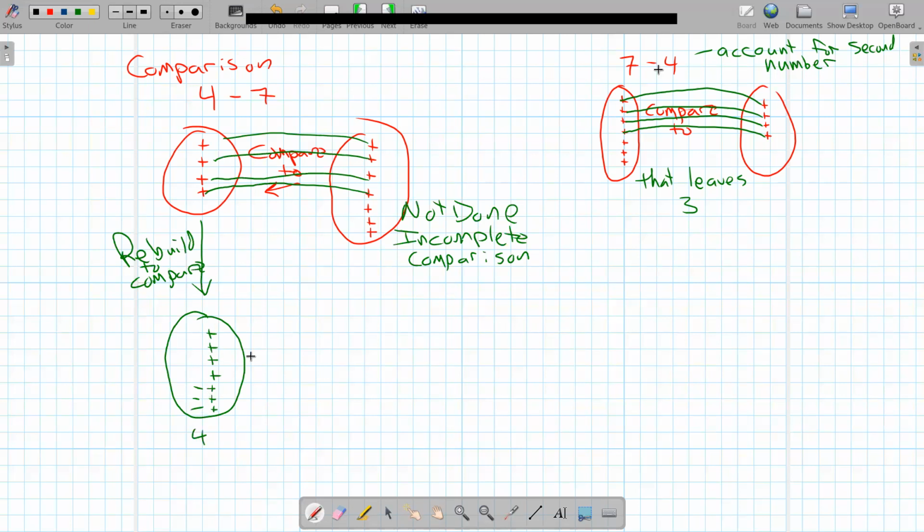I want to compare that to 7. 1, 2, 3, 4, 5, 6, 7. And now I can complete the comparison. So this one lines up with that one, and that one, and those two, and those two, and so on, till I'm completely done with the second number. And I can see that leaves -3.